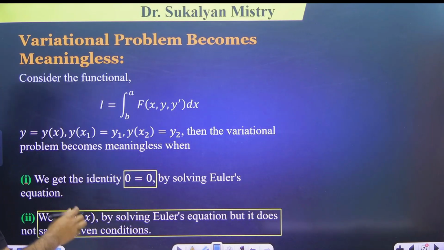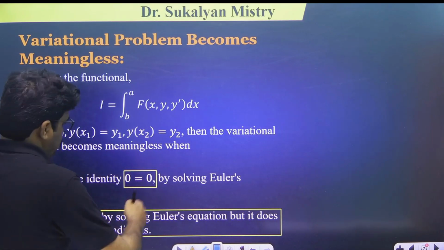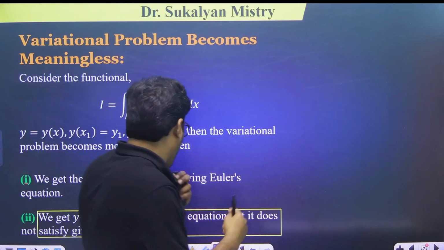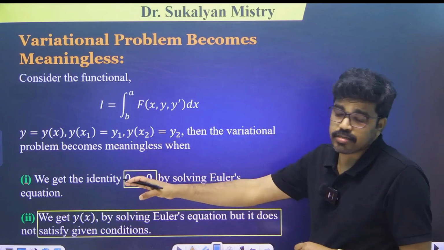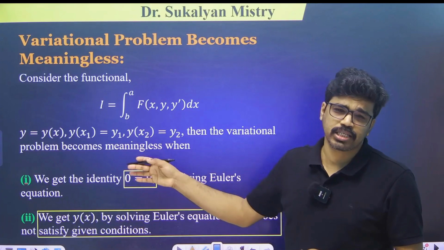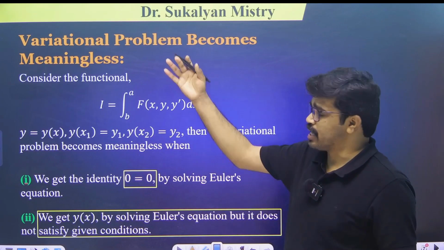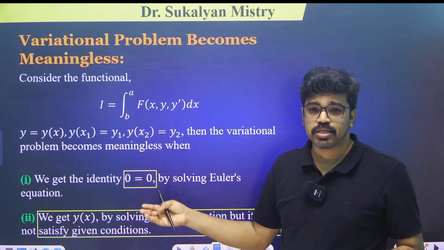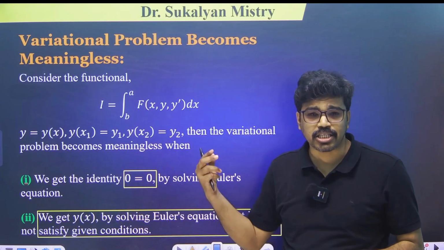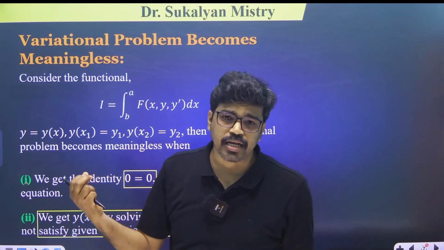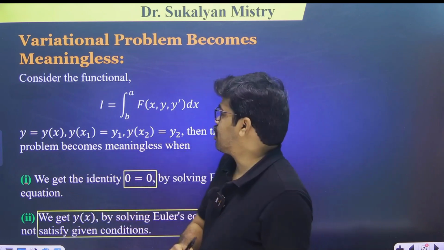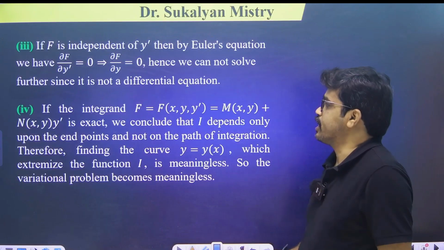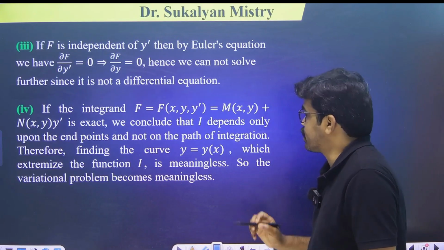So by solving Euler's equation, if we get 0 is equal to 0 or 1 is equal to 0, something like that, then the variational problem will be meaningless. Similarly, if the solution y(x) does not satisfy the boundary conditions, the variational problem will also be meaningless.